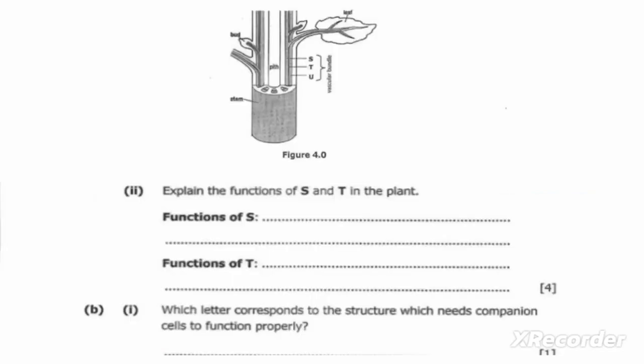The next question, which is question A, Roman numeral 2. Explain the functions of S and T in the plant. The function of S: S is the xylem.